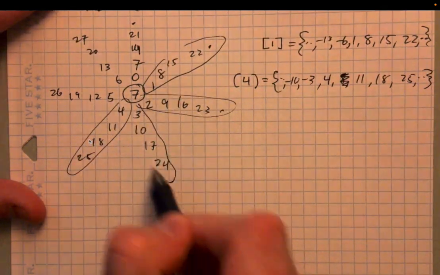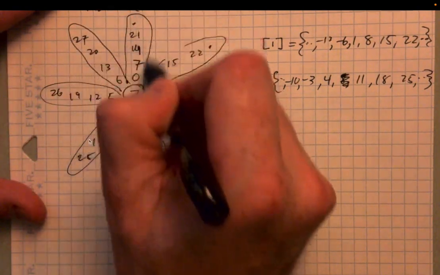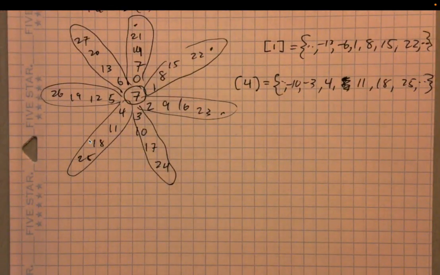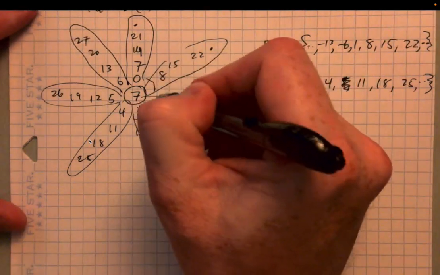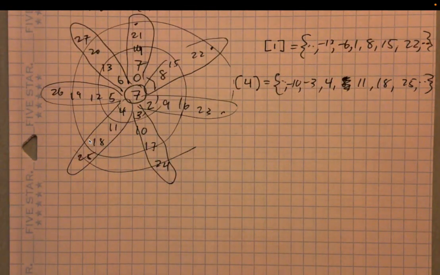In this case, you can picture at least the positive side of the equivalence classes as the branches on this spiraling way of laying out the positive integers. It spirals out like that. So those are the equivalence classes for this modulo 7 relation.